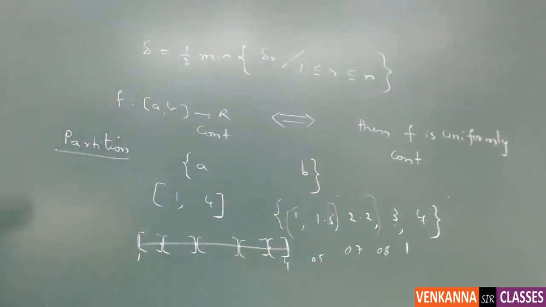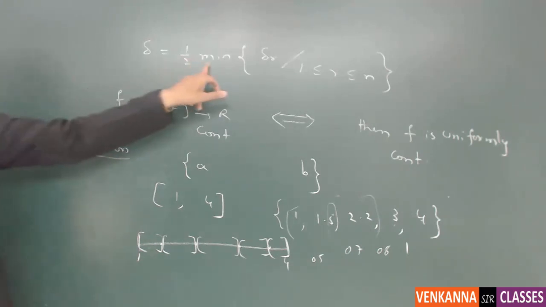Suppose you have n subintervals. For each subinterval, you have the length. For the first subinterval, delta 1 is the length. For the second subinterval, delta 2 is the length, and so on. So for n subintervals, you will have n lengths. Among all, you take the smallest one, the minimum.